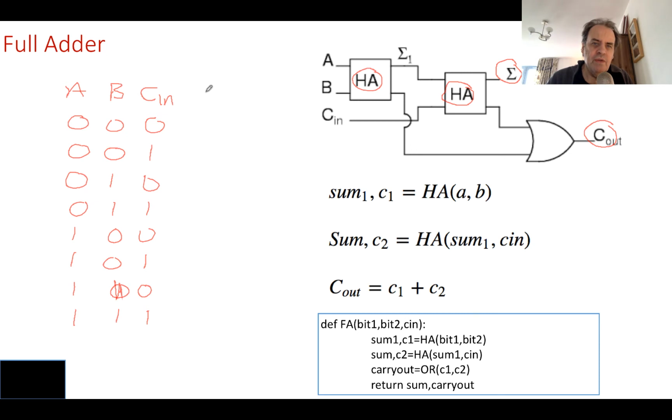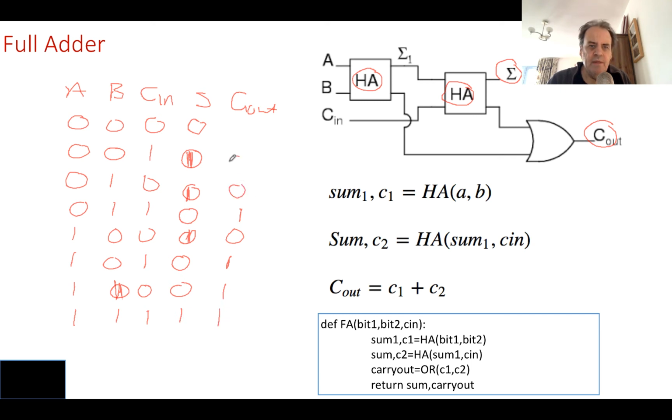So 0, 0, 0, sum and carry out. 0 add 0 add 0 is 0, and 1 and 1 and 1 gives a 1, and a 1 and a 1 gives a 0, and we carry out 1. This will give us a 1 and a 0. This will give us a 0 and carry out a 1. This will give us a 0 and carry out 1. And this will give us 1 and carry out 1. So that gives us our basic table that we're looking for.